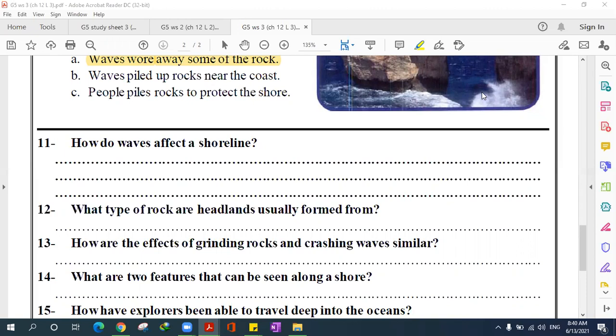They break it down. Yes, both of them will break down the rocks or break down the shoreline. Thank you so much. This is grinding.